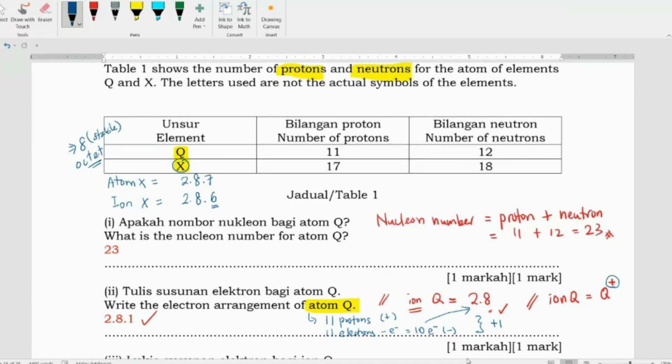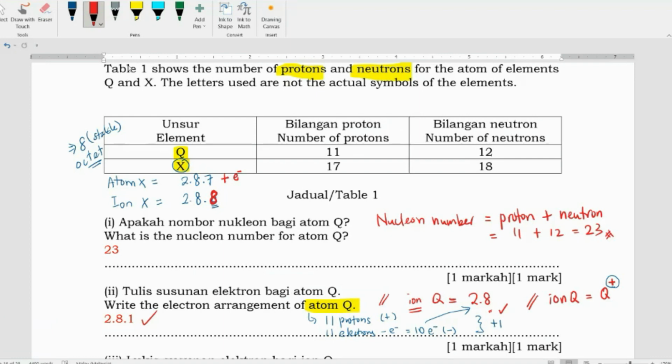Yes, it should be 8, not 6. So 2.8.8. Meaning that this ion X needs to gain 1 electron. Initially it is 7, it adds 1 electron, so becomes 8. So 2.8.8.